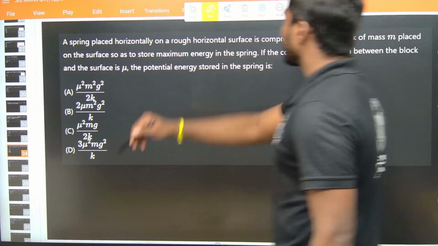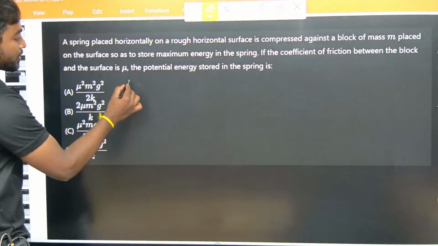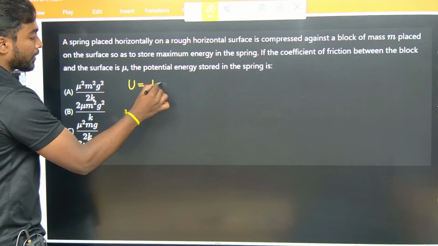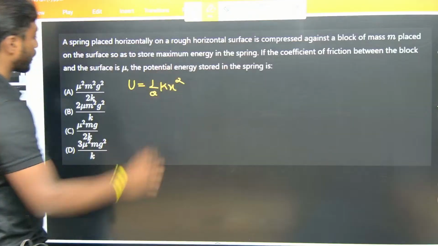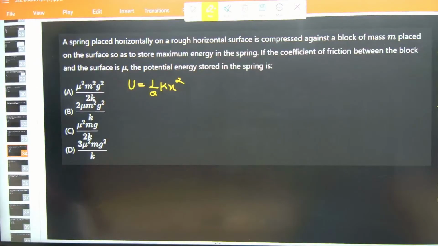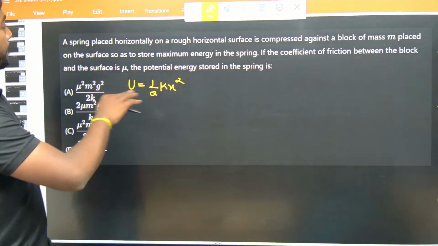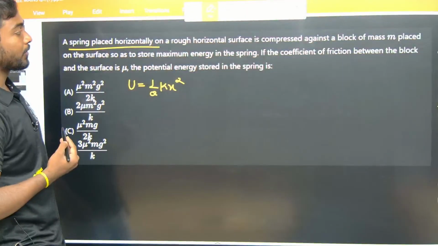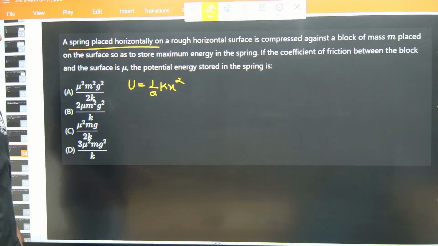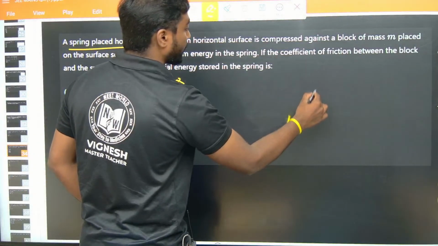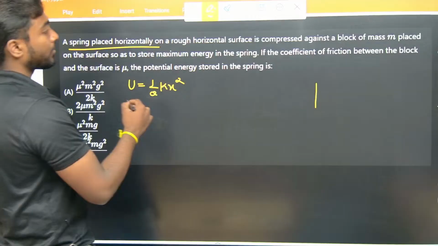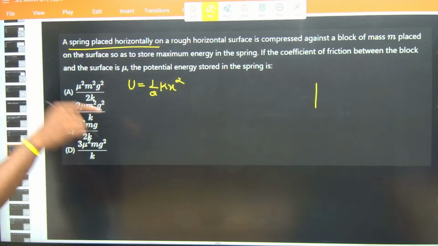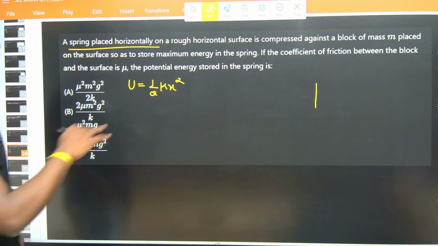Now the potential energy U is equal to half k x square. The spring is placed horizontally on a rough horizontal surface, compressed against a block m placed on the surface, so it stores maximum energy.